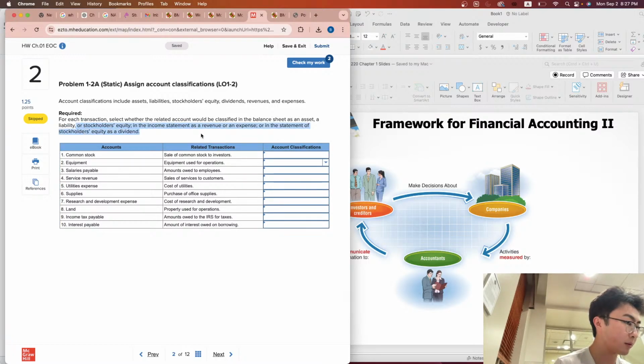Stockholders' equity, revenue, expense, revenue, dividend, common stock, stockholders' equity, equipment, assets, expense.